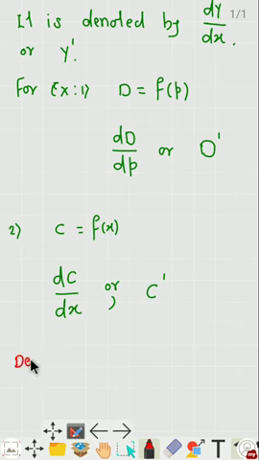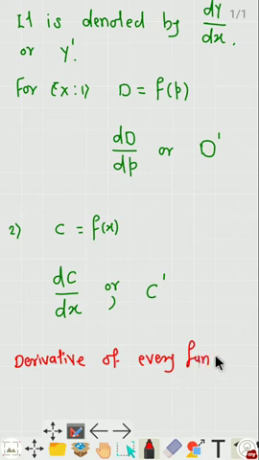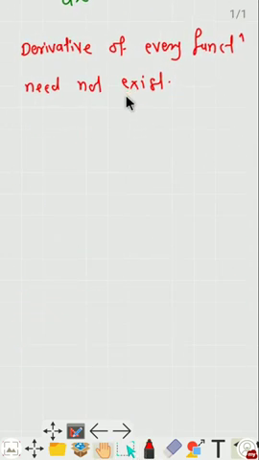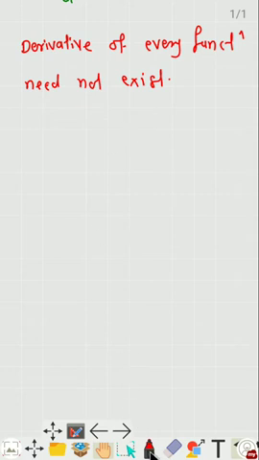Derivative of every function need not exist. There are some functions which have no derivative.